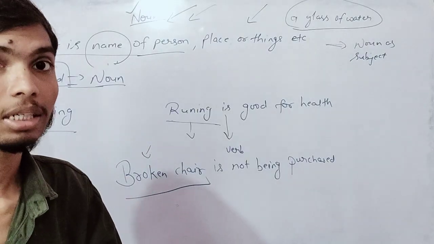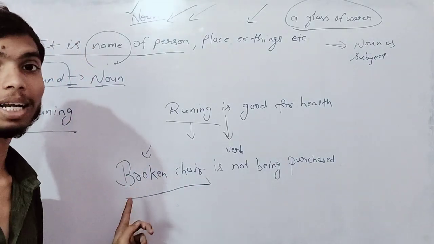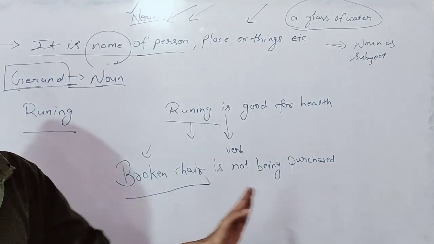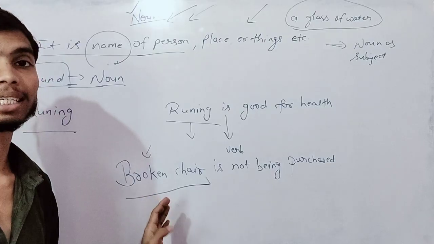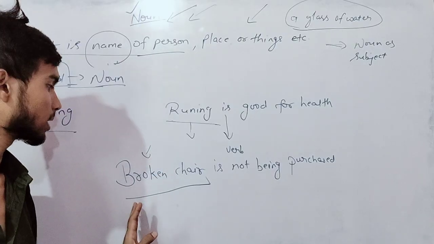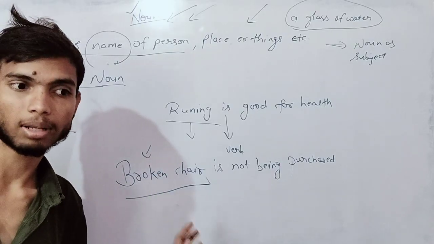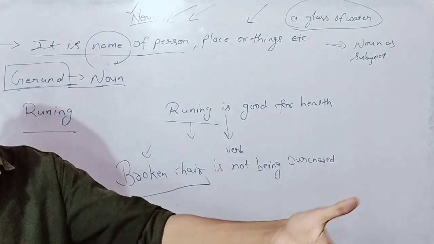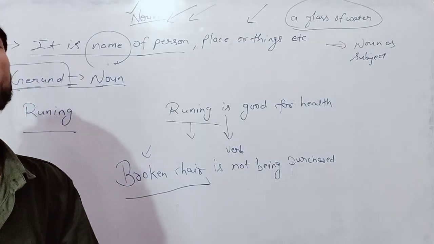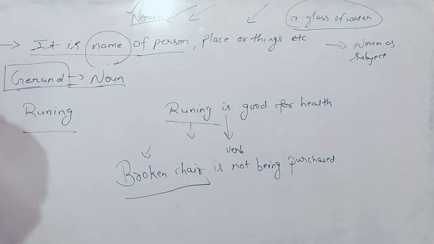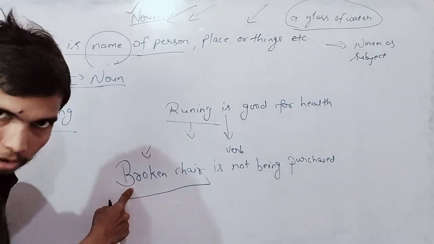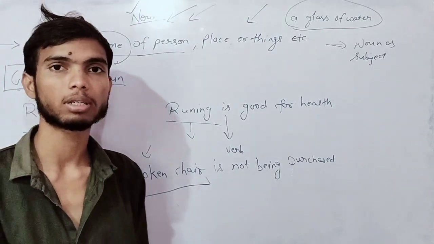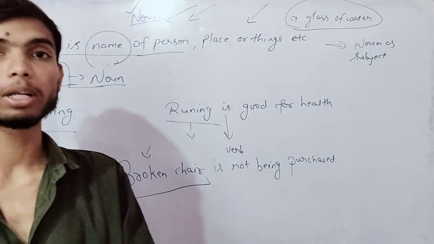So chair is broken. That's why broken is a word, but the name of this word is adjective. An adjective word will provide additional information about a noun or pronoun. Here it is telling you additional information; you can also say, how is the chair?